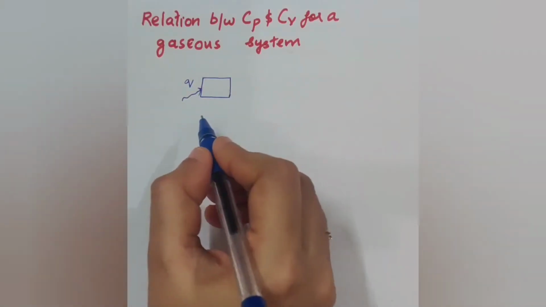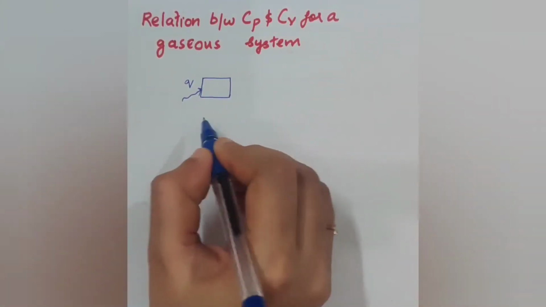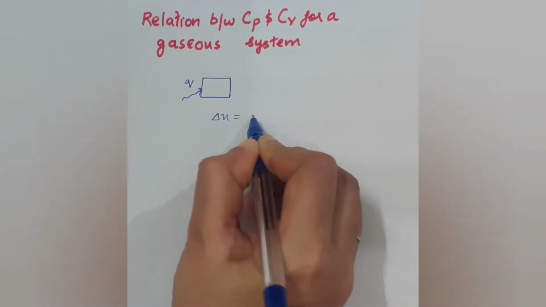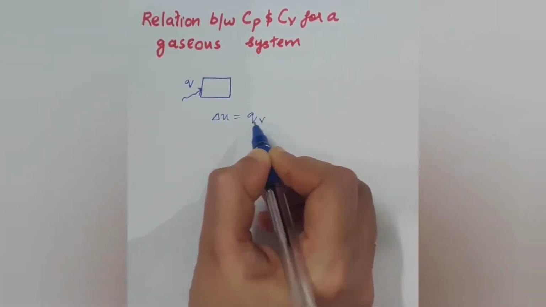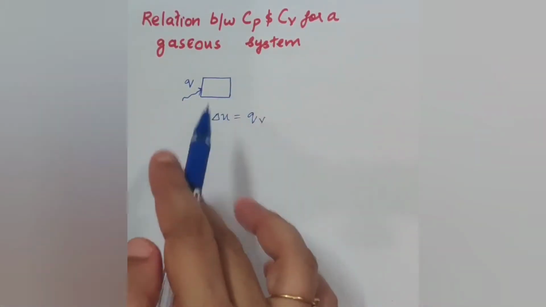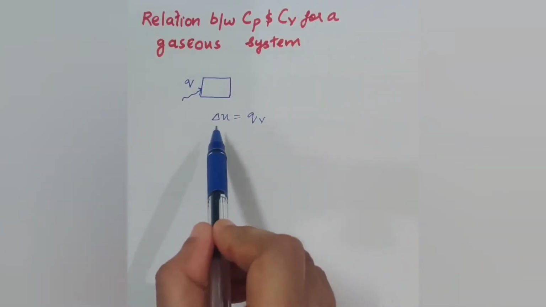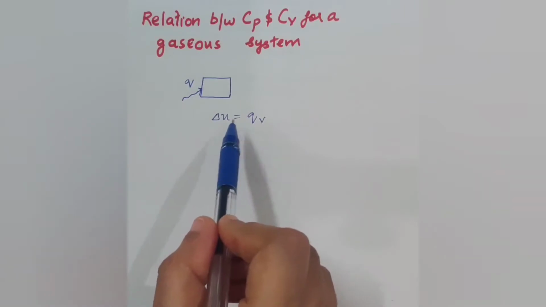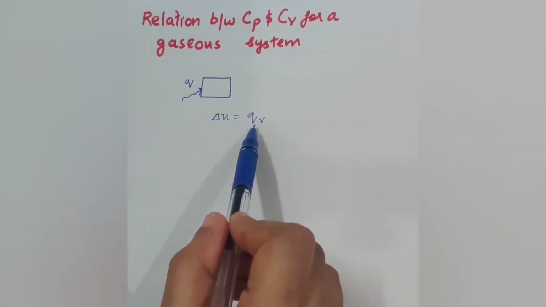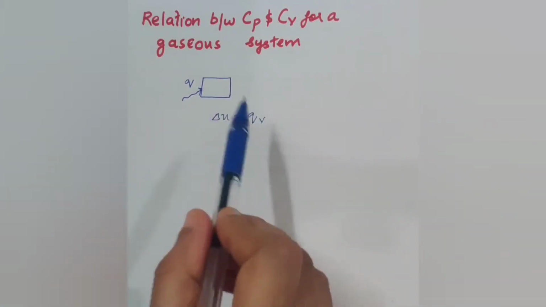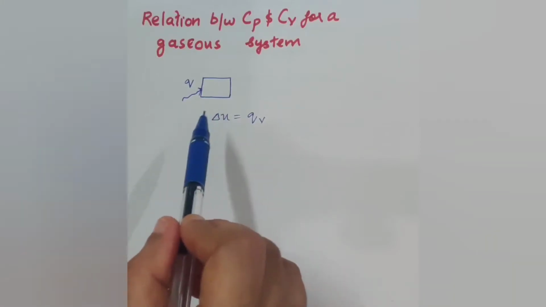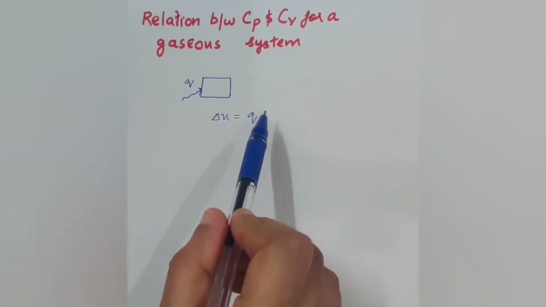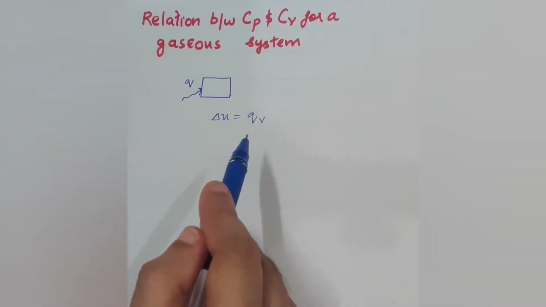According to the first law of thermodynamics, delta U is equal to QV. That is, at constant volume, the internal energy change is equal to the heat absorbed or evolved at constant volume.